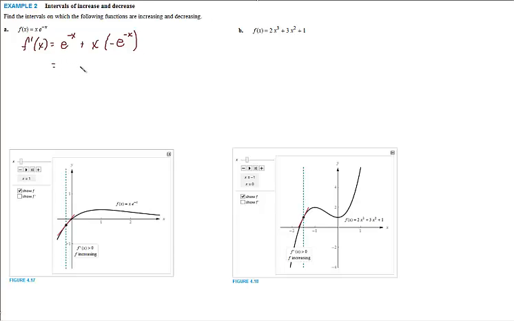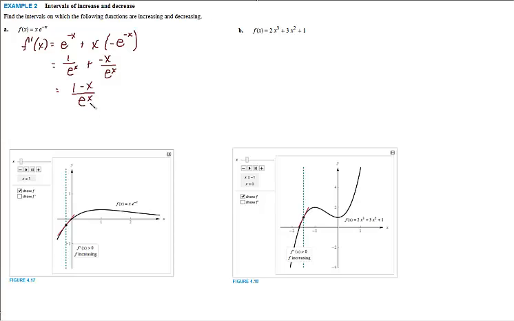I need to combine this into one big chunk because I need to figure out where it's 0 or undefined. I should have put that as a minus. Oh well. Okay, so this is going to be 1 minus x over e to the x.